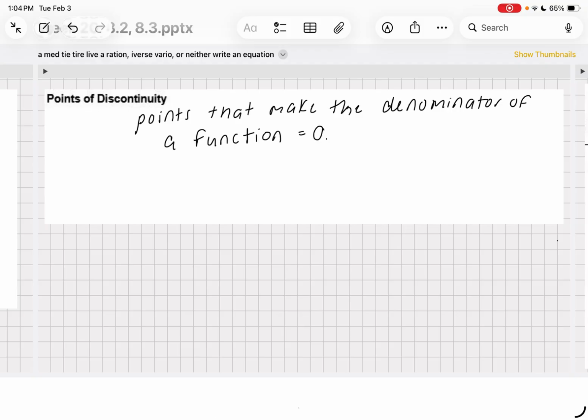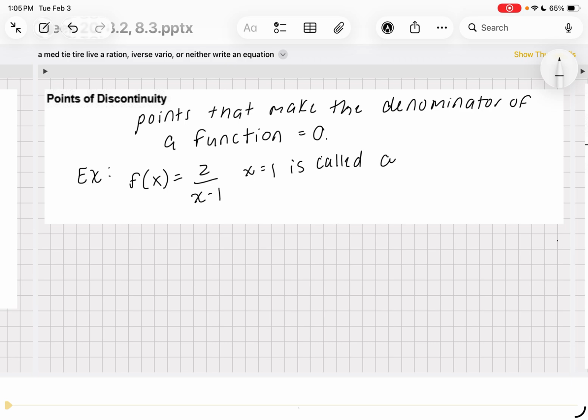If you think about the function f of x equals 2 over x minus 1, the point x equals 1 would be called a point of discontinuity. I'm going to abbreviate this POD, point of discontinuity, because when I plug in 1, I would get 2 over 0, which is a no-no. I can't have that. So that point where that happens is called a point of discontinuity.